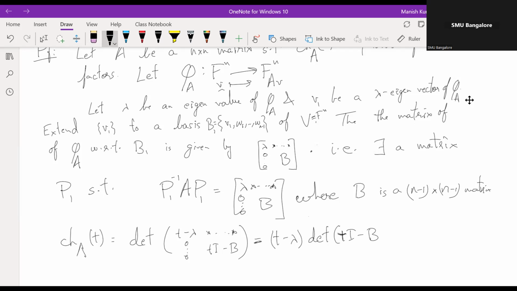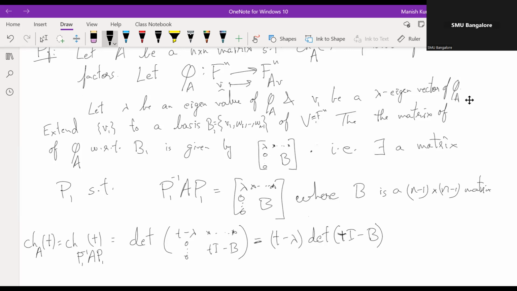So the characteristic polynomial of A at T is the characteristic polynomial of P1 inverse A P1 at T. This we already saw, and this is precisely the determinant of this matrix, which I have just written.